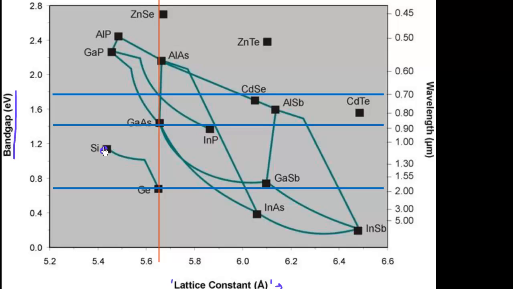And then I look for other materials which have the same lattice constant as silicon. So when I move my eyes up and down this curve to look for other materials which have the same lattice constant as silicon, I'm disappointed, because there are not that many 3-5 materials which have the same lattice constant as silicon.